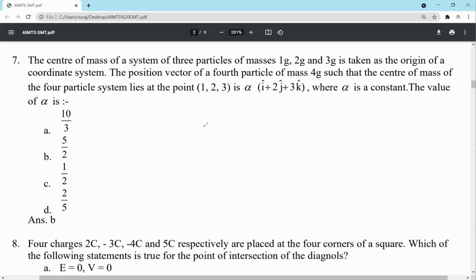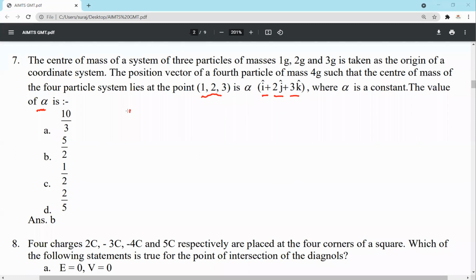The position vector of the 4th particle of mass 4 gram, such that the center of mass of the 4 particle system lies at the point (1, 2, 3), is alpha i cap plus 2 j cap plus 3 k cap, where alpha is a constant. The value of alpha is? Nice question. What is given? The center of mass of the system of 3 particles of mass 1, 2, 3 is taken as the origin.